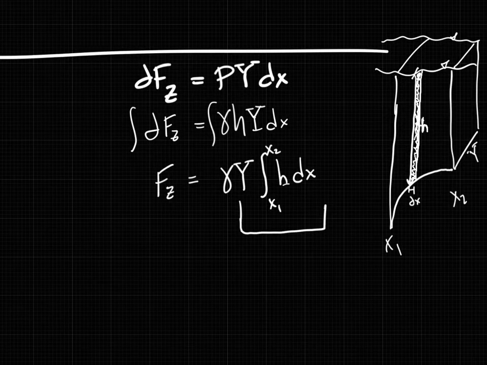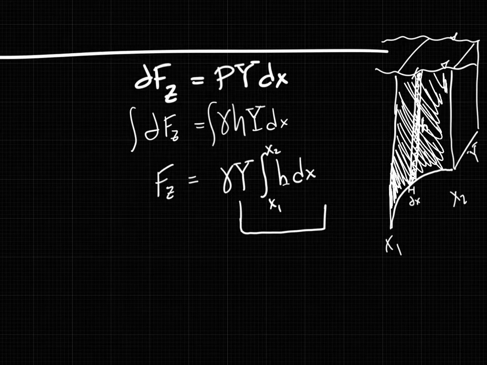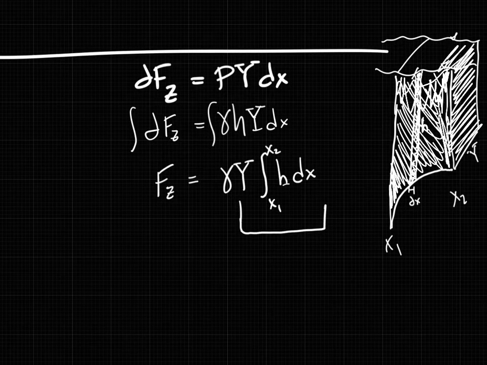I integrate that from x1 to x2, which gives me this whole front face. Then I multiply times y, and now I've got this whole volume. Hopefully that makes sense to you, and my drawing's not really that terrible in this case.